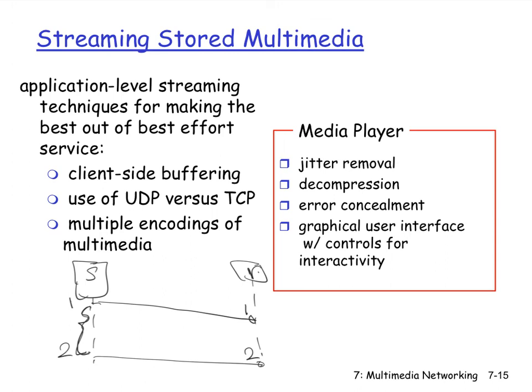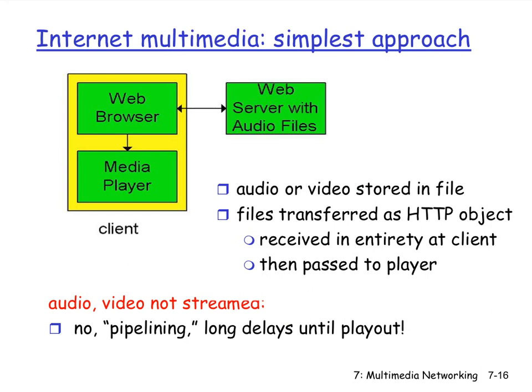And there are multiple encodings of multimedia which we can identify using RTP and RTCP. So now, from the application level point of view, as we said, we need some level of interactivity from the user side. For example, this is the typical streaming example from YouTube or whatever.